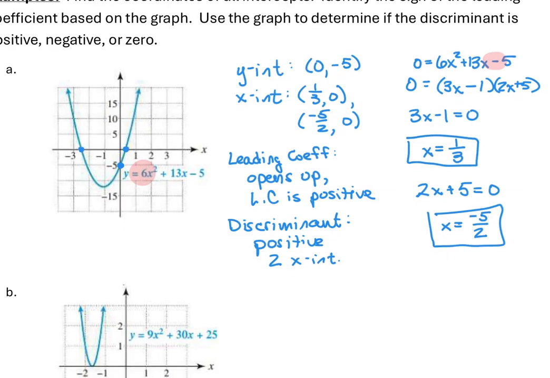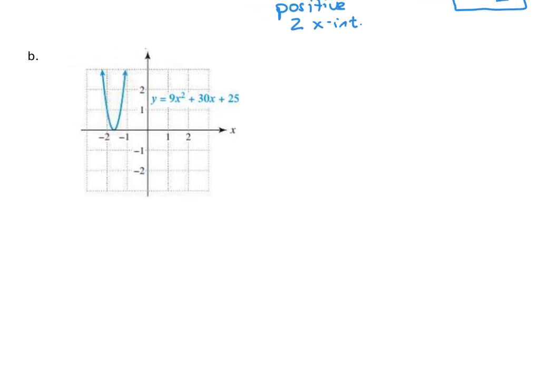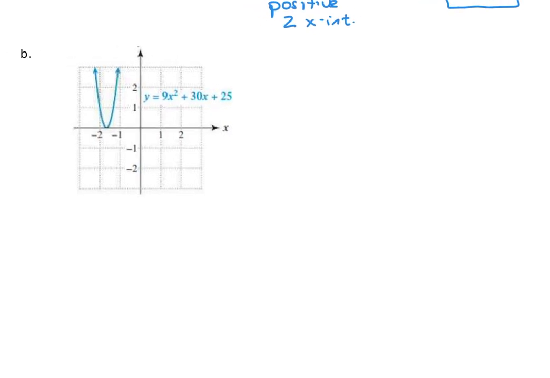All right, let's come down to the second one. Okay, the second one, we really can't see what the y-intercept is, but there is a y-intercept. And so for this, remember to find y-intercept, we want to plug in 0 for x.